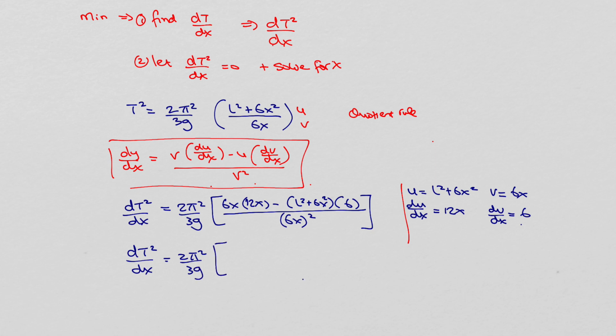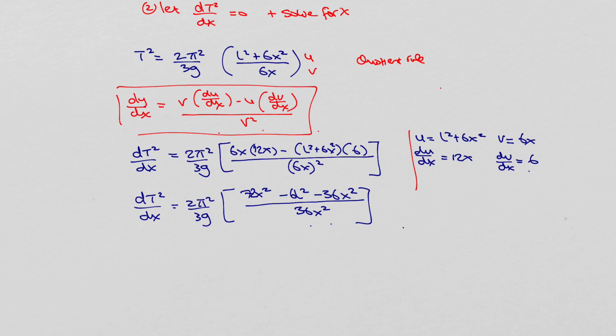Multiplying out your brackets, so 6 times 12x is 72x squared. 6 times L squared is minus 6L squared, and 6 times 6x squared is minus 36x squared, and 6x to be squared is 36x squared. And then we can simplify that top line.